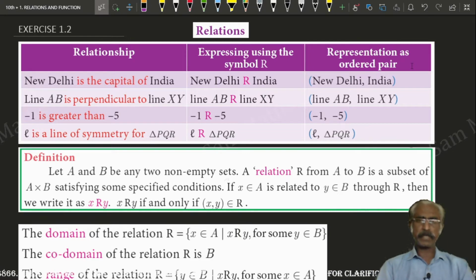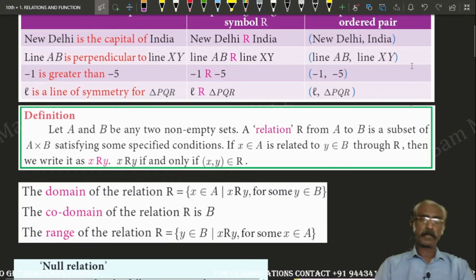Let x belongs to A is related to y belongs to B through R. Then we write it as x is related to y, that is x R y, if and only if order pair (x, y) belongs to capital R. Here the domain is always the first set.